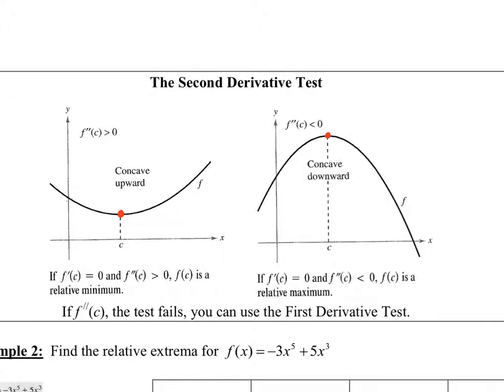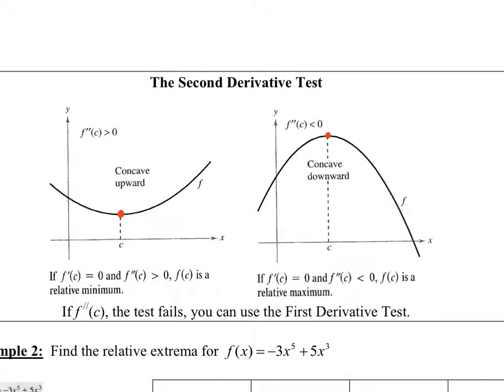Alright, so basically it says this: if the first derivative equals 0 and the second derivative is positive, then f(c) will be a relative minimum. Okay?